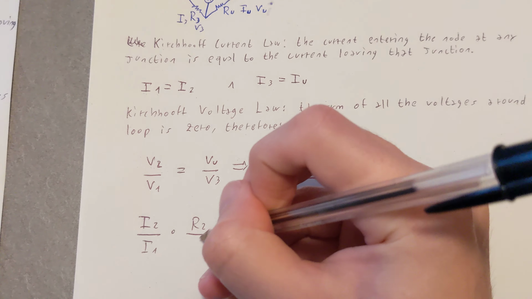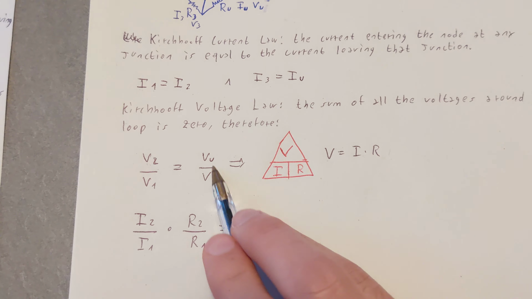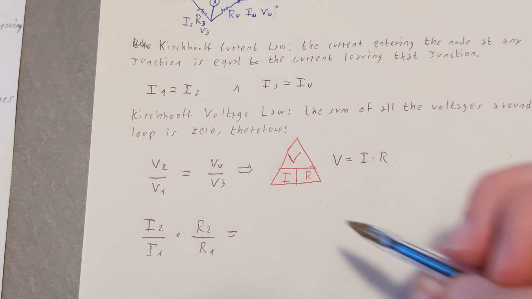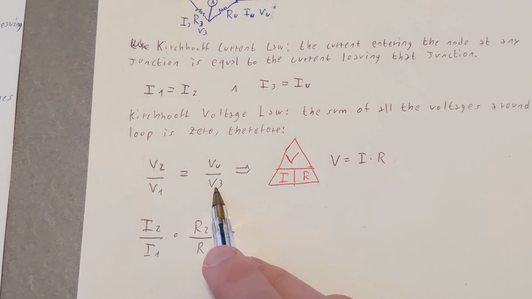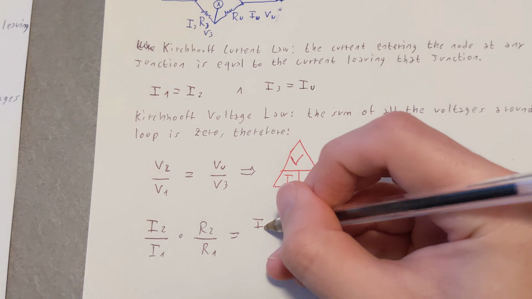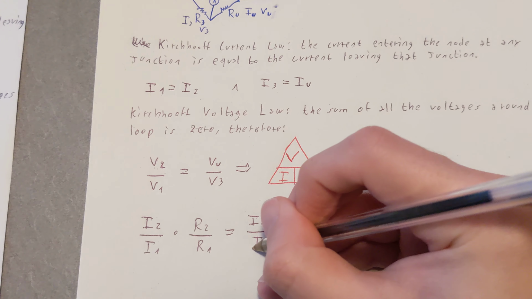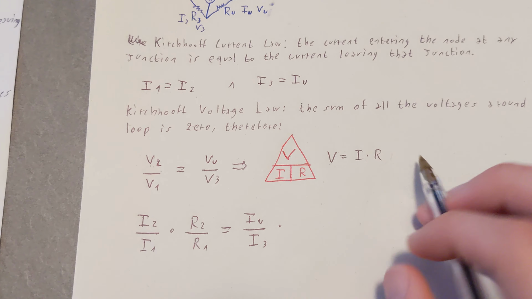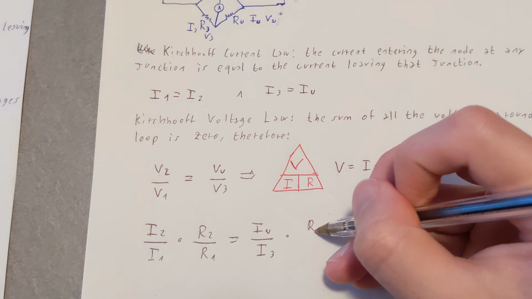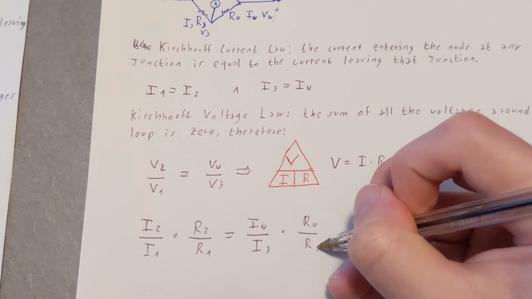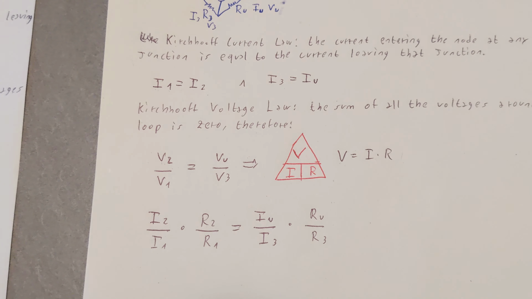And here as well, instead of VU, we have IU over I3 times RU over R3. Now we're getting closer.